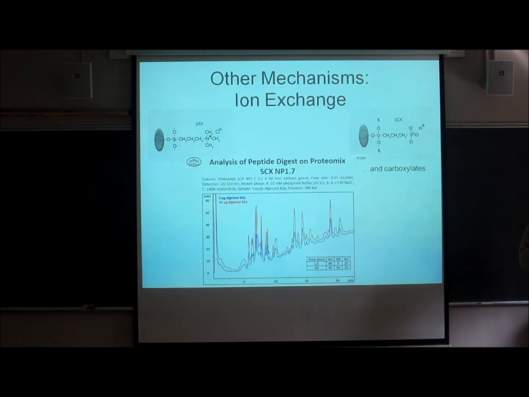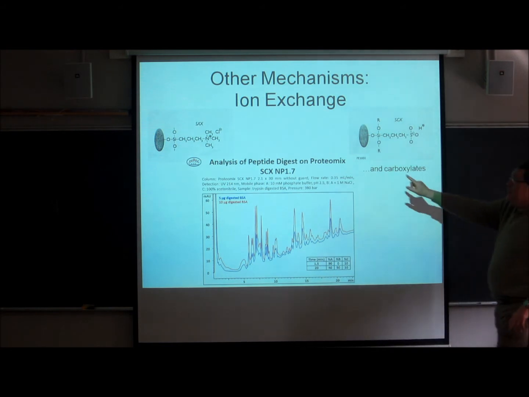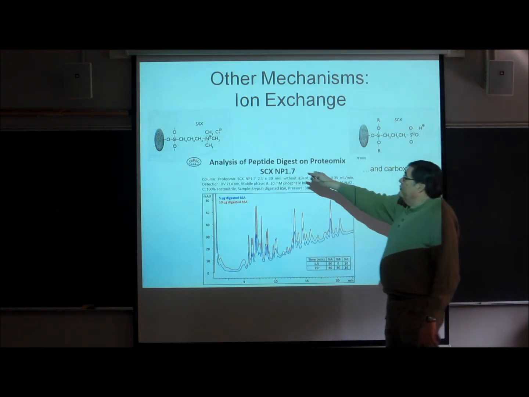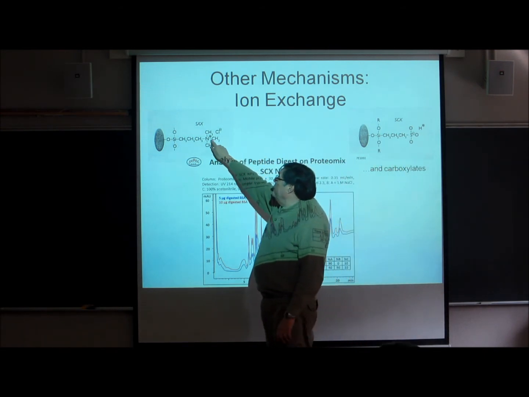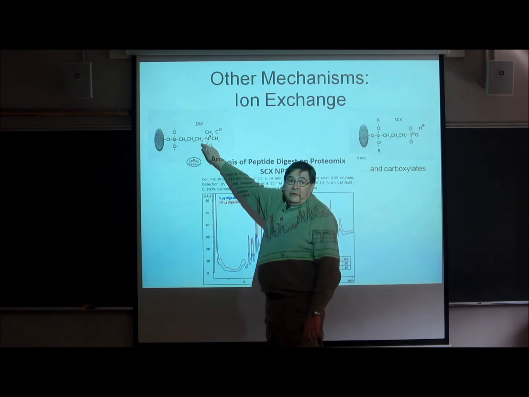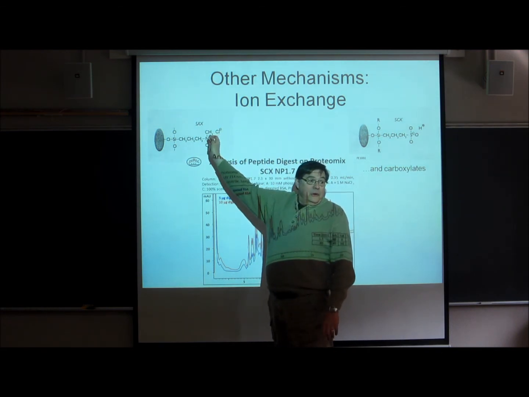There are some other mechanisms that you're going to want to know about, at least hear a little bit about. Ion exchange is a very important method. And we have anion exchange material here and cation exchange here. Notice this is a quaternary ammonium salt, right? And so the positive charge here will draw up anions to associate with it.